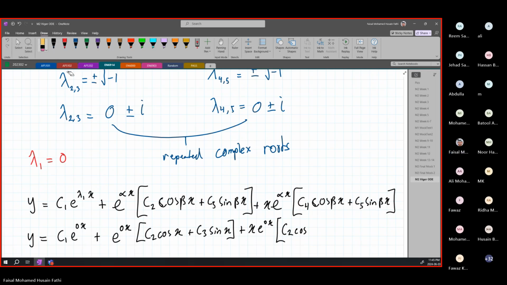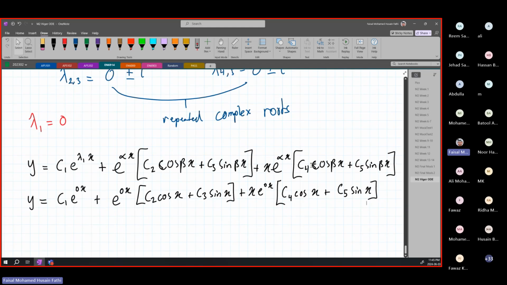So c4 cosine beta x, which is just 1, so cosine x, plus c5 sine x.